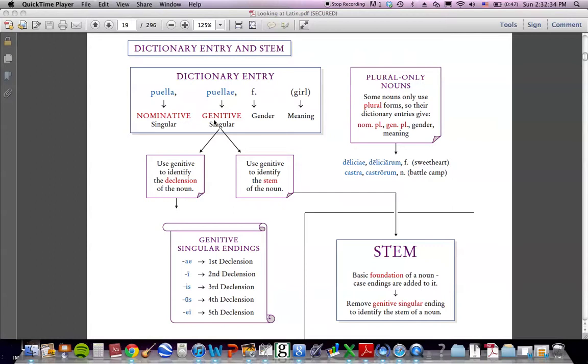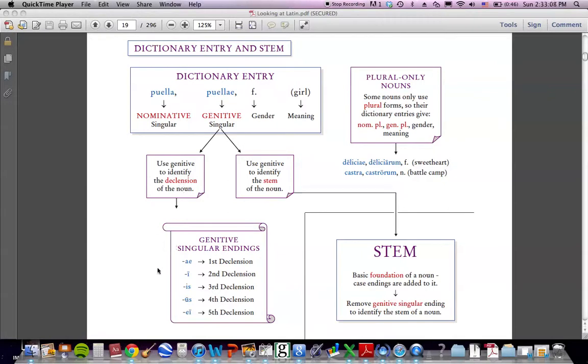So let's go back to the genitive right here. The genitive is very important because the genitive will give us two things. First of all, the ending of the genitive will help us determine which declension the noun belongs to. In Latin, there are 5 declensions. That means there are 5 sets of endings that you'll have to memorize in order to determine the function of the noun in the sentence.